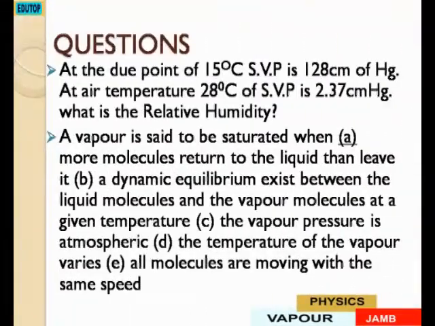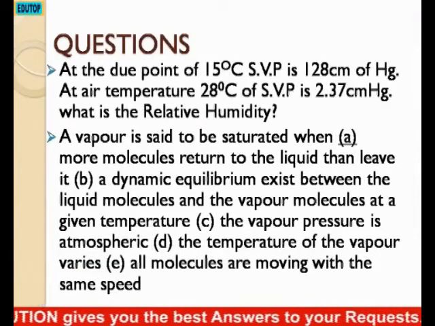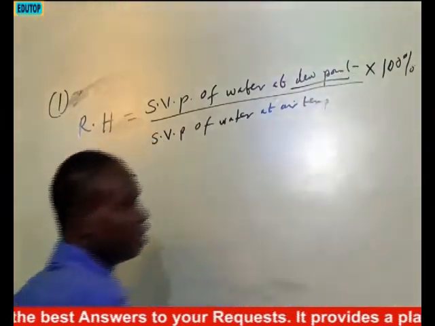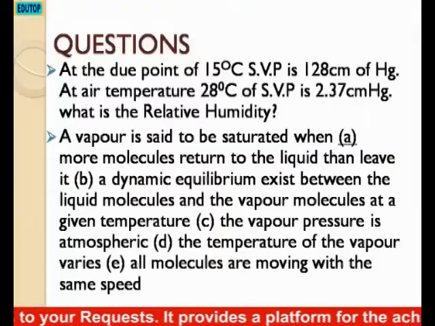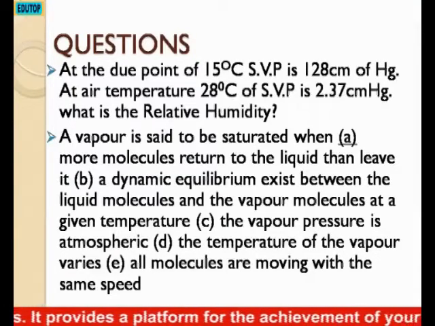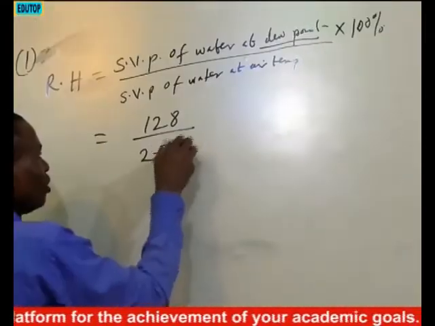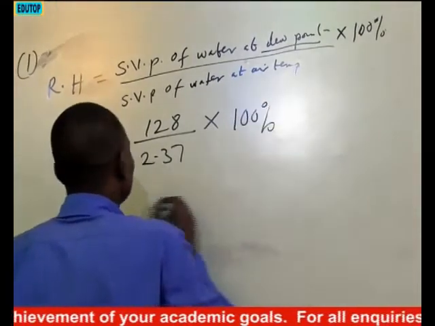The question says, at the dew point of 15 degrees Celsius, SVP is 1.28. Okay? Then SVP at air temperature is 2.37, everything multiplied by 100%.